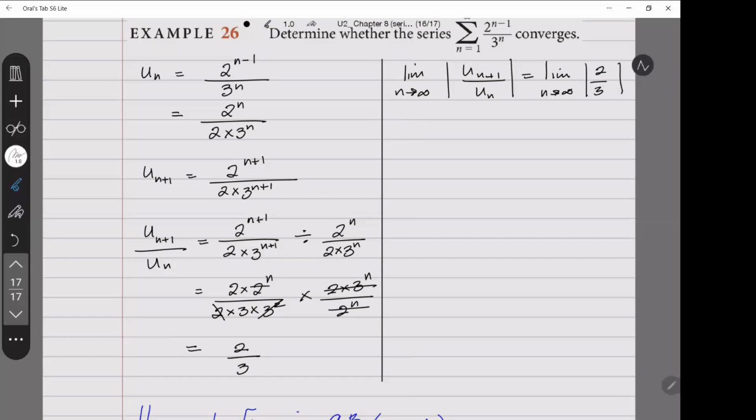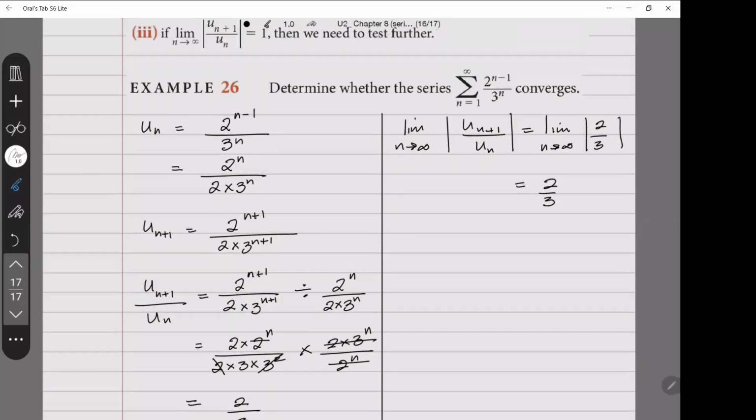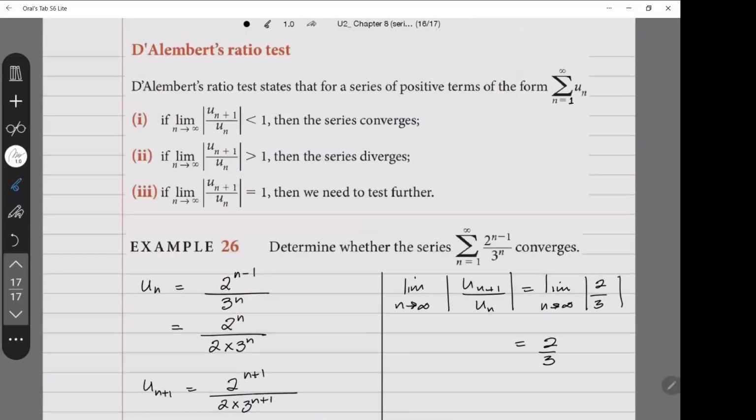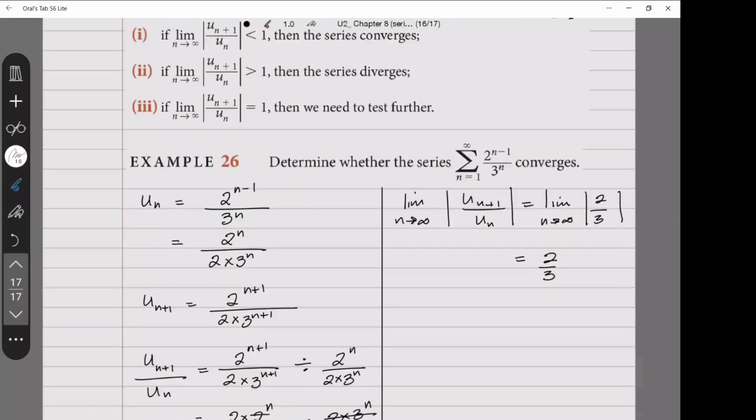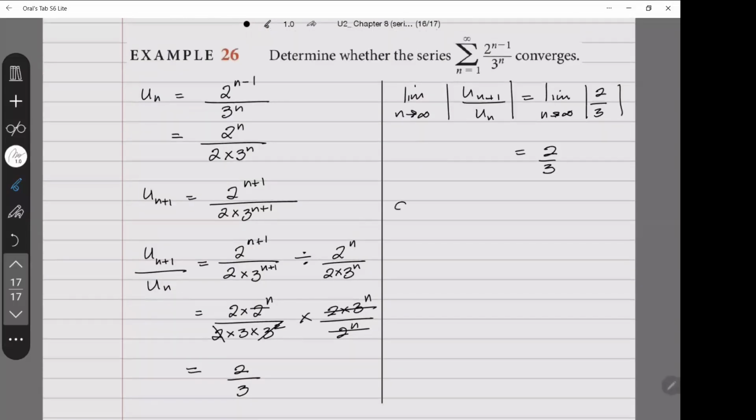Now, there's no n in that at all, so it's not affected as n approaches infinity. So this is actually equal to 2 over 3, which is less than 1. If it's less than 1, we're told that the series converges.